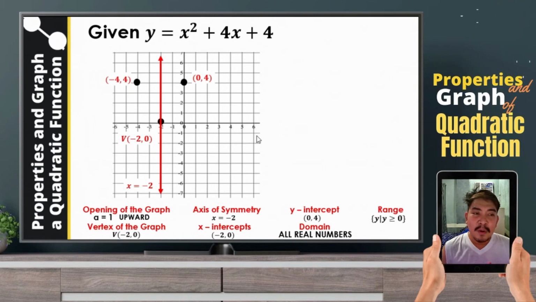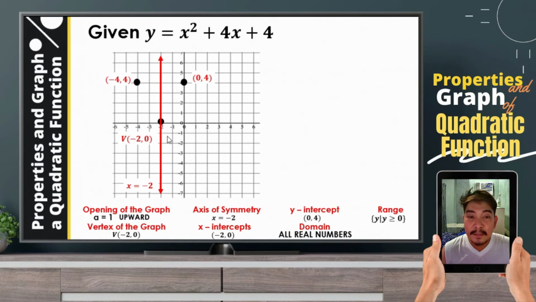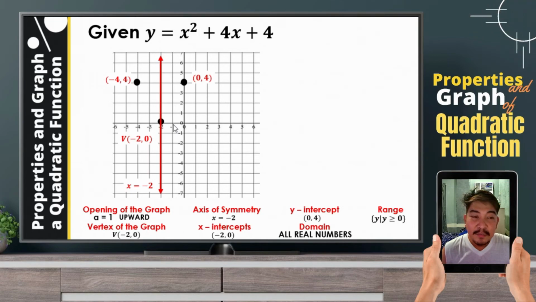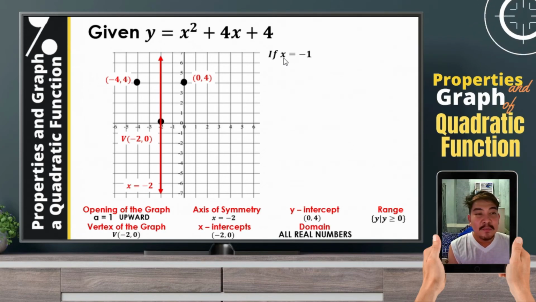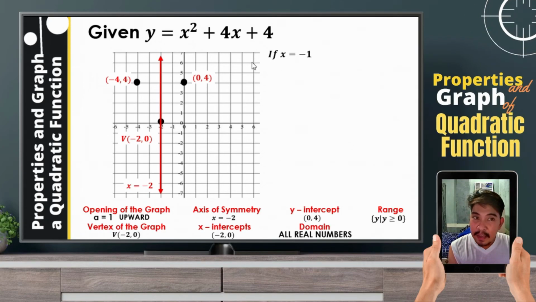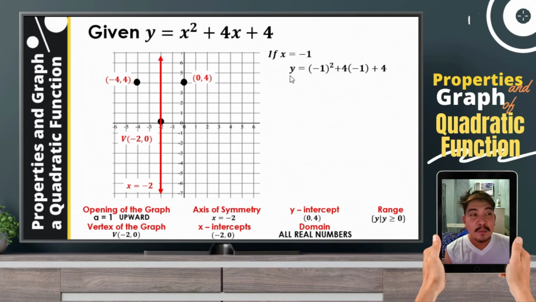So the next question is, how are we going to determine the other 2 points before connecting those points to make a parabola? So let us choose points in the x-axis that are symmetrical to each other. So let us choose negative 1 and negative 3. Okay? So if the value of x is negative 1, what will be the value of y? So we just need to substitute the value of x in the equation.